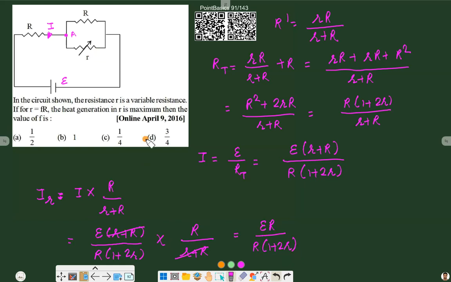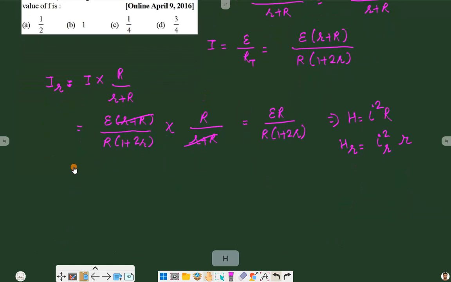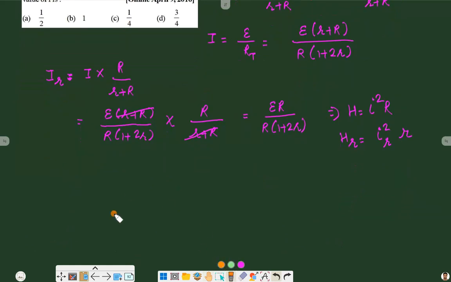Now we know the value of current, we can find out heat. Heat will be I square into R, so for small r resistance, the heat is equal to the current through small r squared into its resistance, that is small r. So the heat through small r resistance will be the square of this term, E square R square.